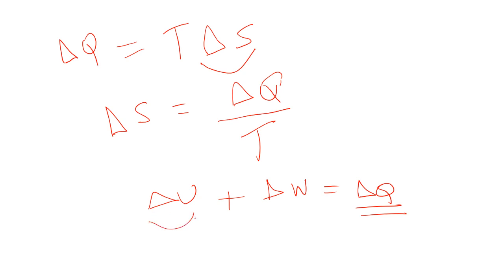One is it increases the internal energy, also it gets work done. Part of it gets diverted to do work, part of it gets diverted to changing the internal energy. So, in other words, you can't really, for an isolated system, the whole point is that delta Q is 0.